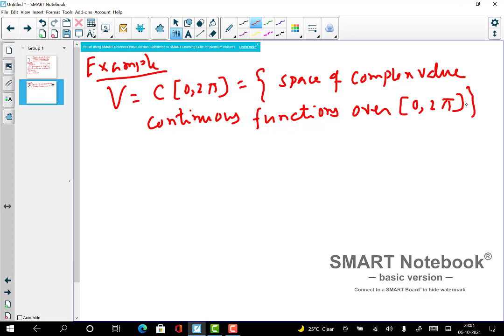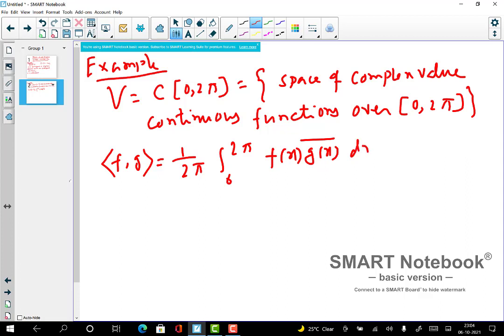Remember we defined the inner product: take two maps f and g, and we define the inner product as 1 by 2 pi, integral from 0 to 2 pi of f(x) times g(x) bar, the complex conjugate, dx. This is an inner product, easy to prove.